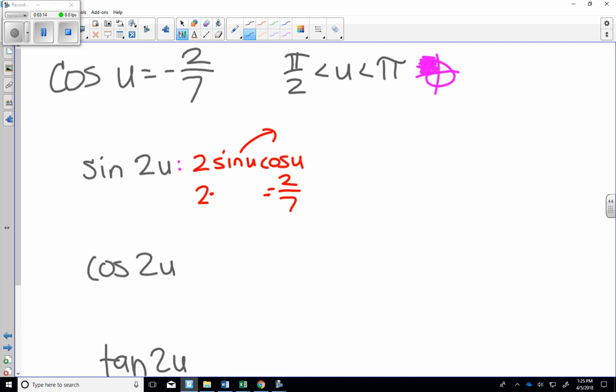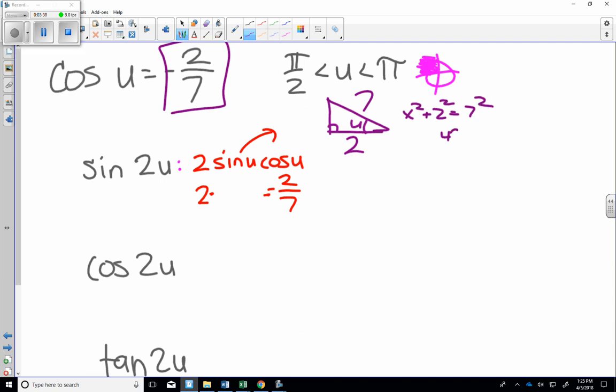Well, here's where you refer to your friend, the right triangle. Call that angle u, and since this is 2/7, the adjacent is 2, the hypotenuse is 7. No need to worry about the sign when you're trying to figure out the ratio. Let's see then. So to figure out that, you'd say x squared plus 2 squared equals 7 squared.